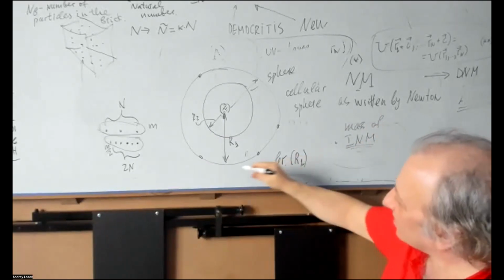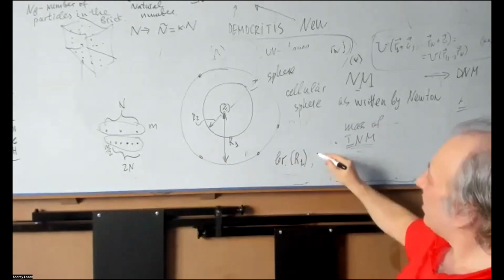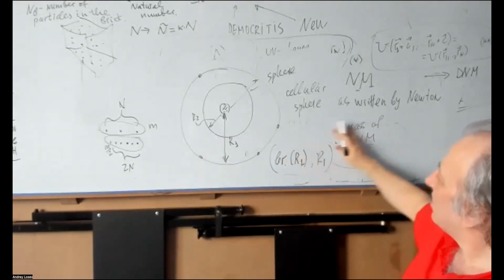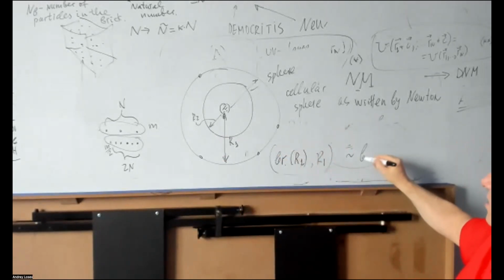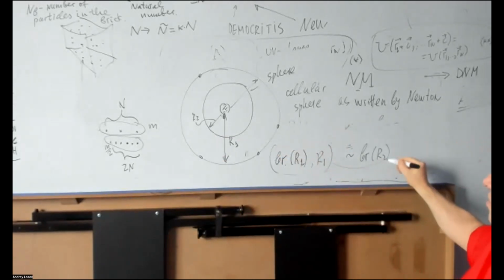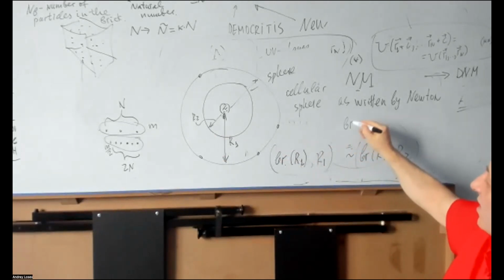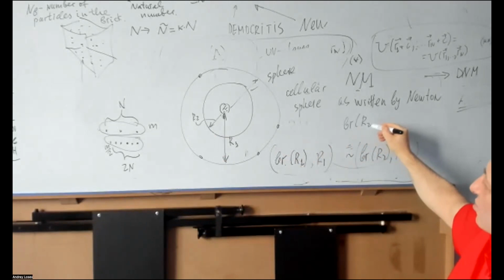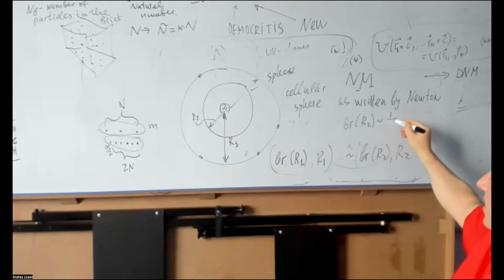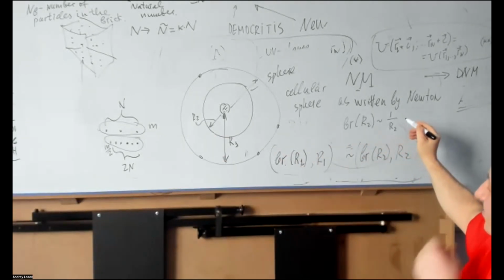A star placed at R1 with its brightness is equivalent to a star at R2 with a brightness scaling like 1 over R squared.